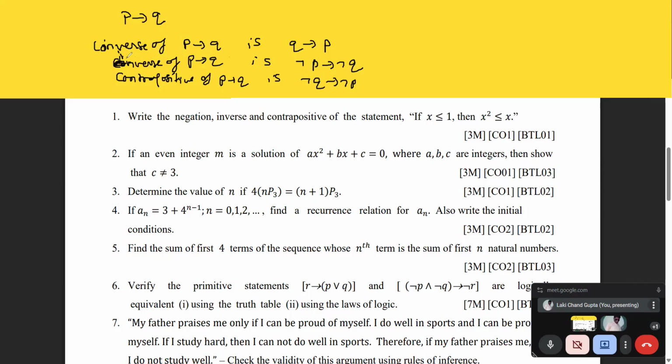Okay. Note this. And negation, you know. What is negation? Negation is very simple. Negation of P implies Q is P and not Q, right?